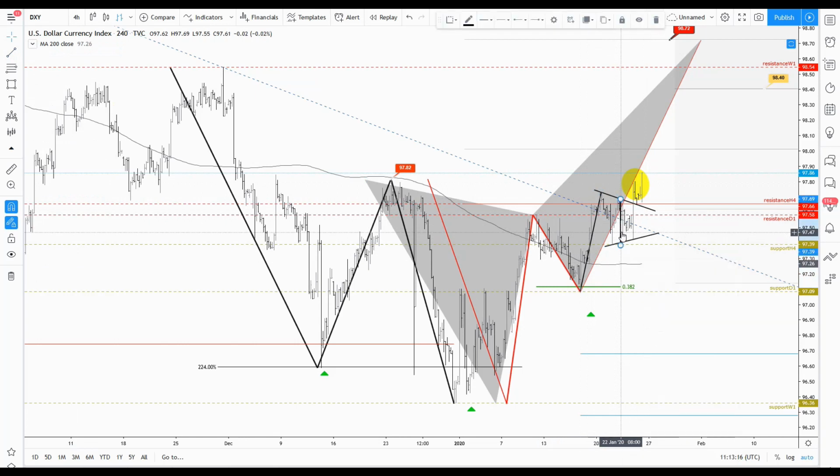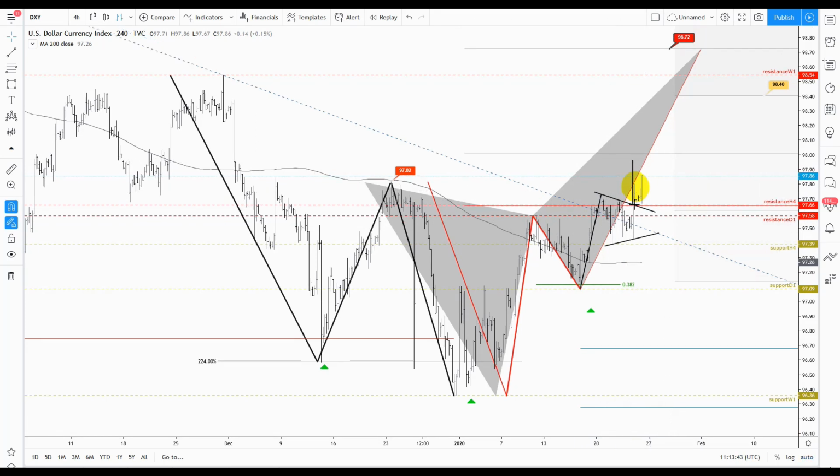So as soon as the market breaks the structure, we can use a default projection for the breakout. So eventually we will see the 97.97 is a default projection for the Dixie, but just for this smaller or lower degree pattern. So 97.97, the Dixie may trade at those levels based on the breakout of this structure.